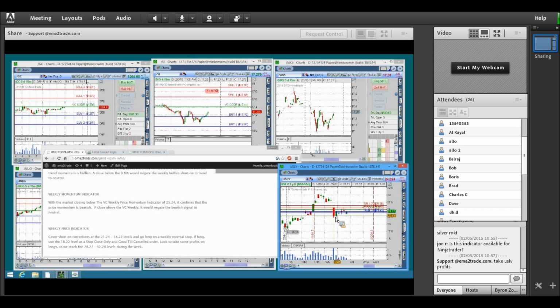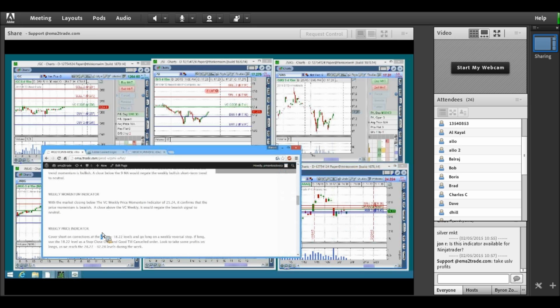It told you here that with the market closing below the price momentum indicator, it was bearish, and that you can look for the market to come down, for you to cover your shorts at the 21.24 level to 18.22.